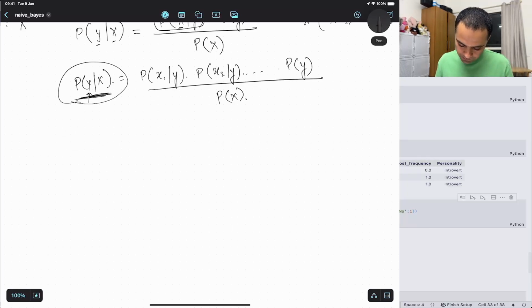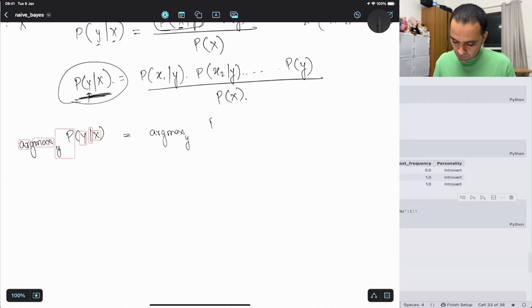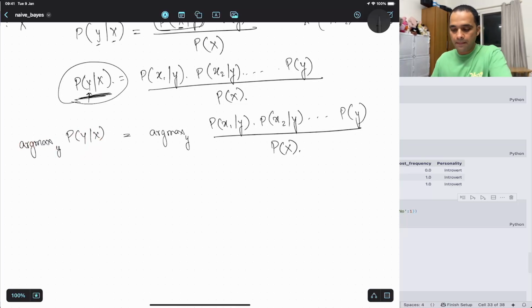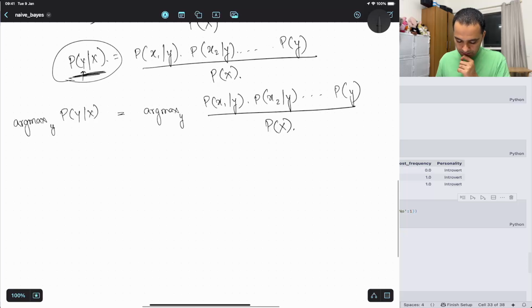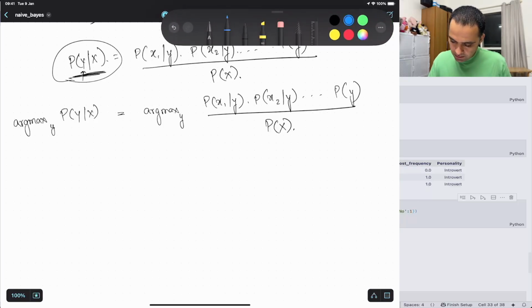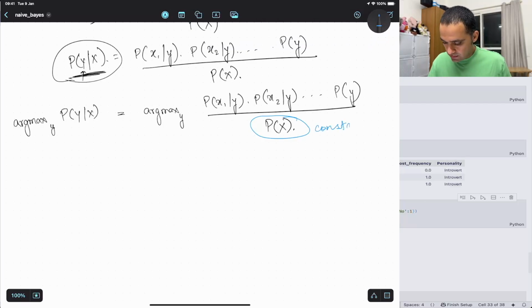So to simplify it further, in Python, the operation of finding the maximum probability from an array of probabilities is argmax. So argmax of P of Y given X over Y will equal P of X1 given Y, P of X2 given Y, and so on, P of Y divided by P of X. Now, this component P of X will be constant throughout.